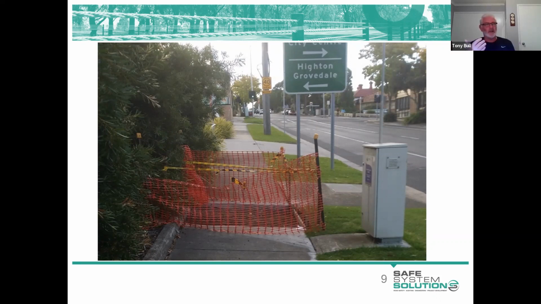It was a reasonably simple outcome that would have provided a safer environment. Also, out of hours, fill it up with compacted crushed rock. It would only take you half an hour or 20 minutes, when the concrete truck arrives, to take out the crushed rock and put in your new concrete.